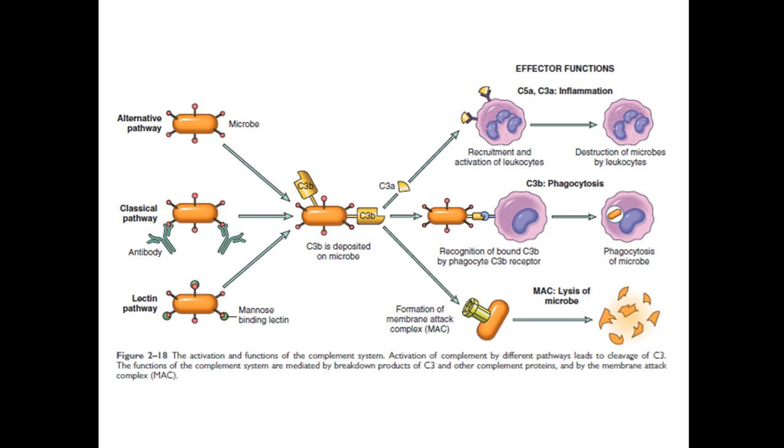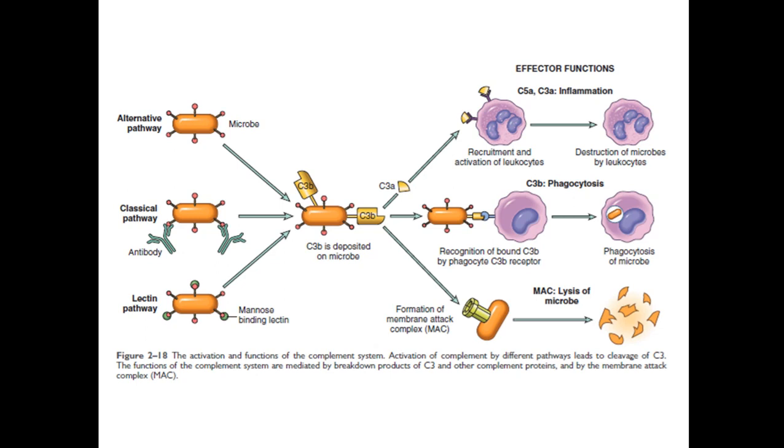They are involved actively in inflammation and in the recruitment and activation of leukocytes and destruction of the microbes by the leukocytes through opsonization and phagocytosis. The C3b, which acts as an opsonin, is involved in phagocytosis of the bacteria.